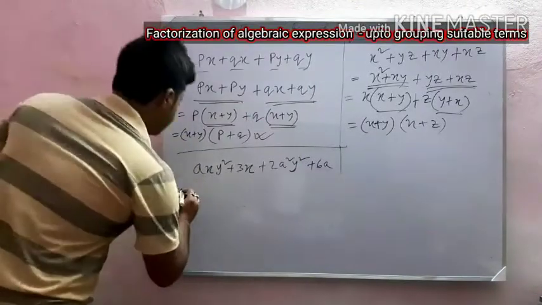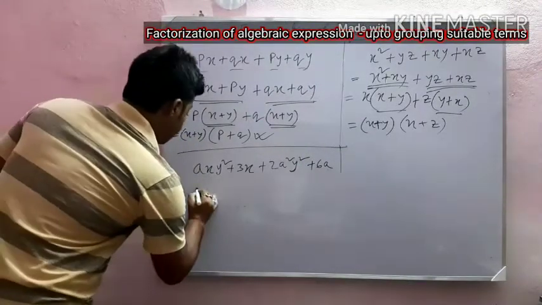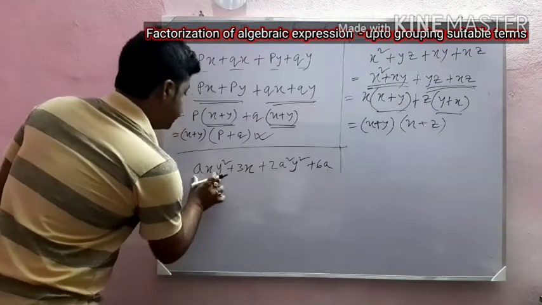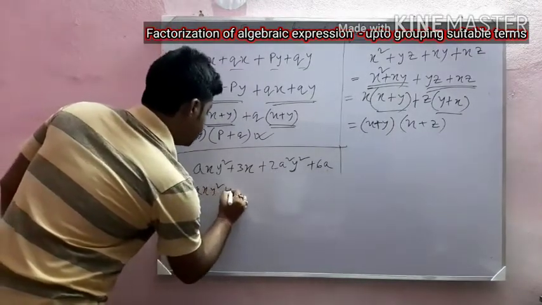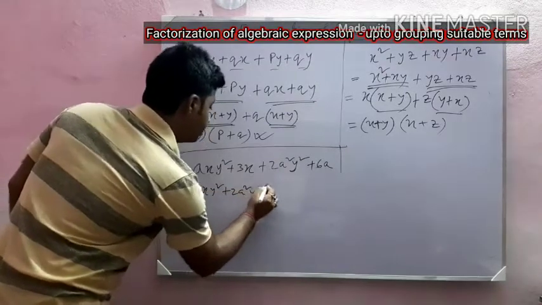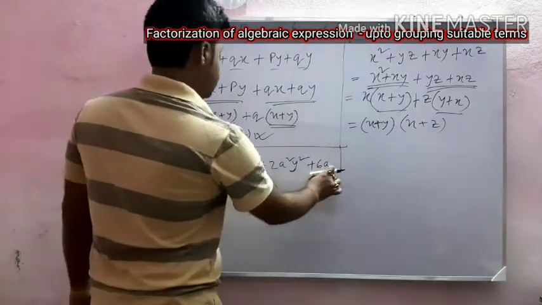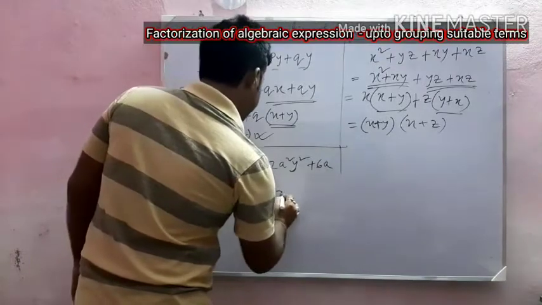In this question you can also form the groups differently. Take these two terms side by side, axy square plus 2a square y square, and these two terms side by side.